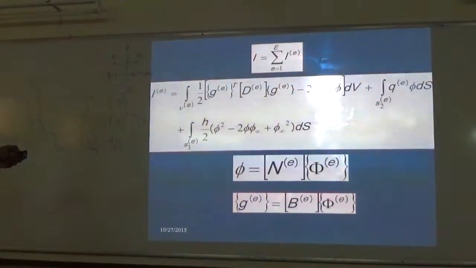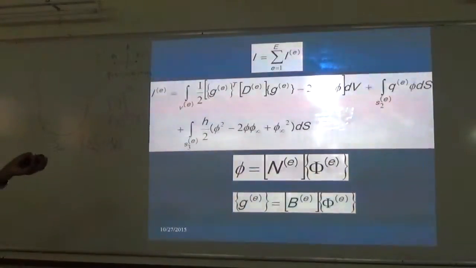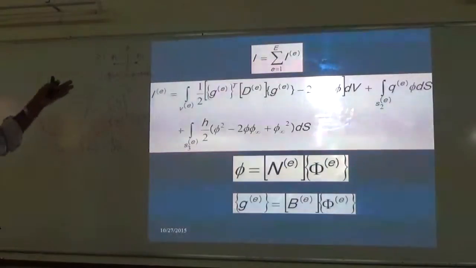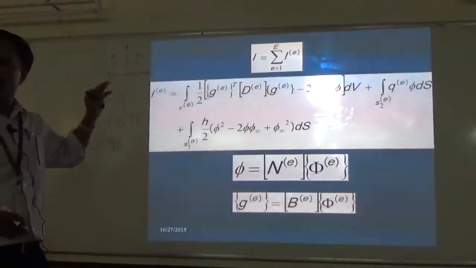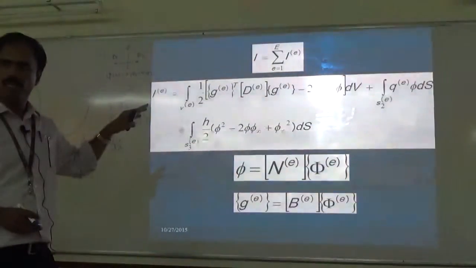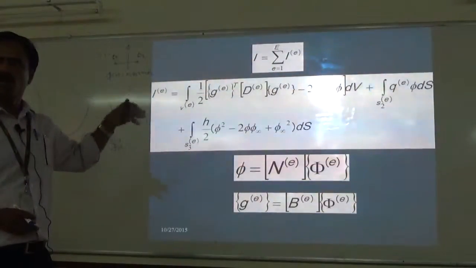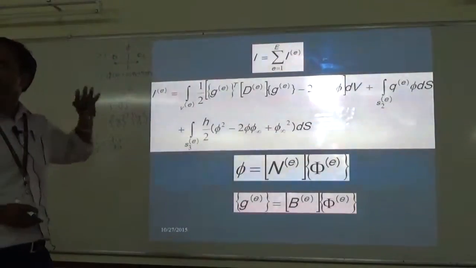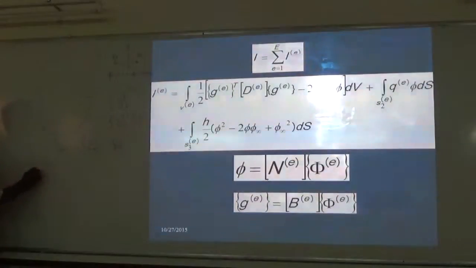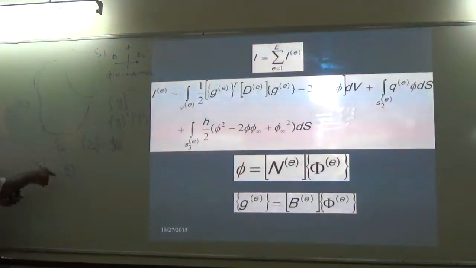Similarly, the gradient matrix. What is the gradient? It is analogous to strain. How did we write strain in the structural formulation? We wrote epsilon in terms of B and the nodal displacement, the strain displacement matrix. The same thing here: the gradient G I want to write in terms of B. Structurally B was called the strain displacement matrix.